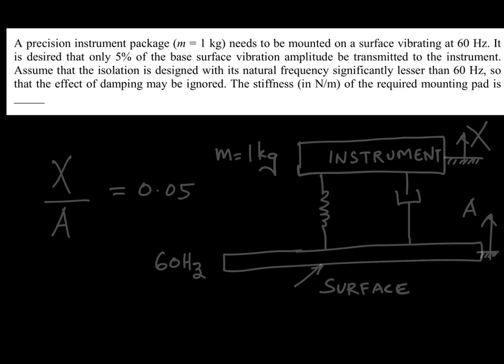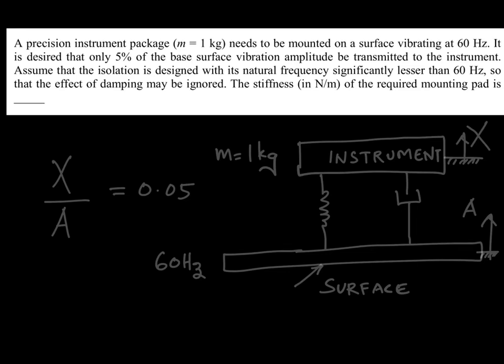I'm just exaggerating it. I've explained this to you earlier. If this is a very precise instrument, I need to ensure that my instrument is not seeing much vibration. So that's the whole point of why we need vibration isolators. Clear? Now let's use the concepts we have learned.